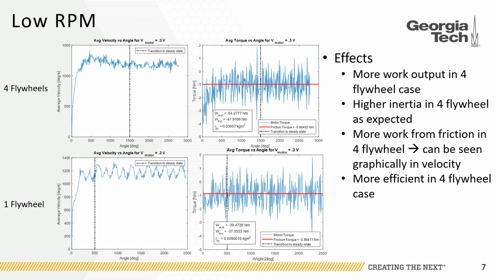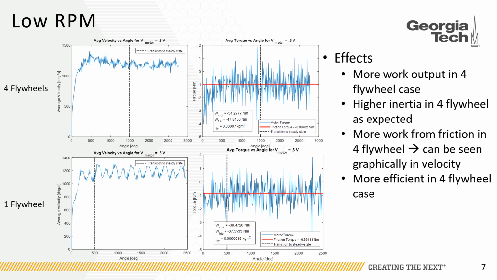At low RPM, some of the effects that we noticed between the different numbers of flywheels were that we had more output from the work in the 4-flywheel case, and then higher inertia as well in the 4-flywheel case, which is expected from theory. There was also more work from friction in the 4-flywheel case, as well as the overshoot in the angular velocity, as can be seen in the plots.